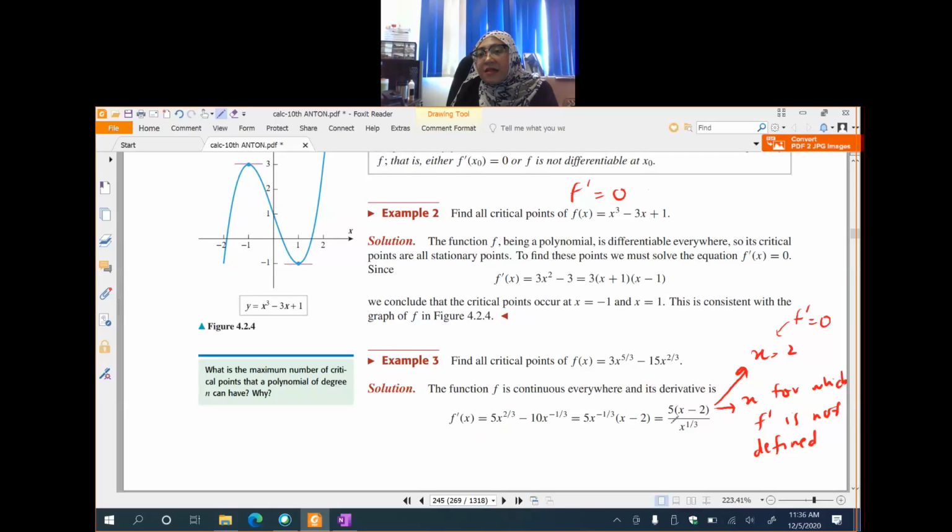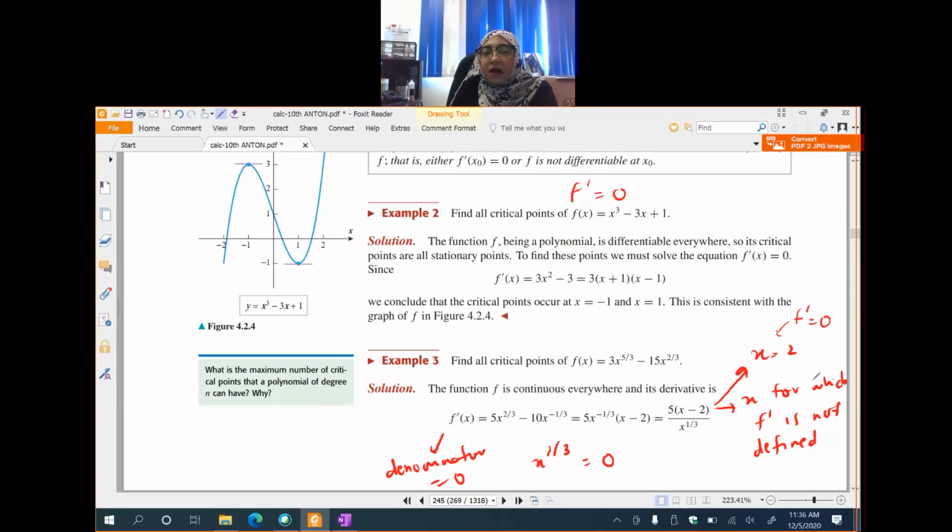It is when the denominator is equal to 0, that is, x to the power of 1 over 3 is equal to 0. When the denominator of f prime is equal to 0, then f prime is not defined.